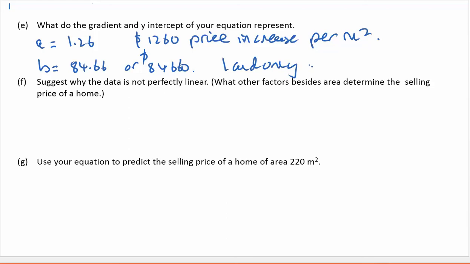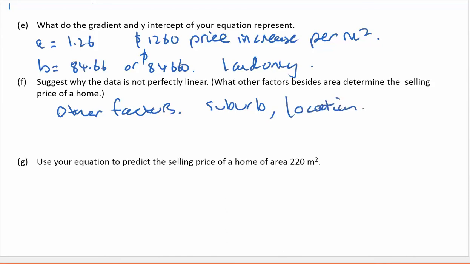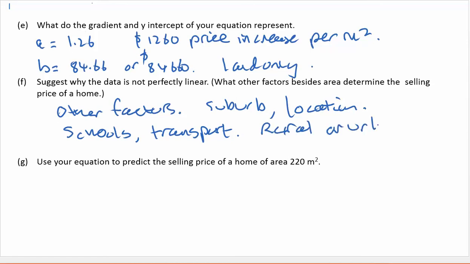The data isn't perfectly linear because there could be other factors, such as the suburb, location, things like access to schools, transport, etc. Other factors, it could be rural or urban, that may be contributing to the price.